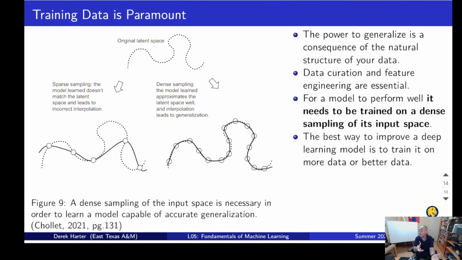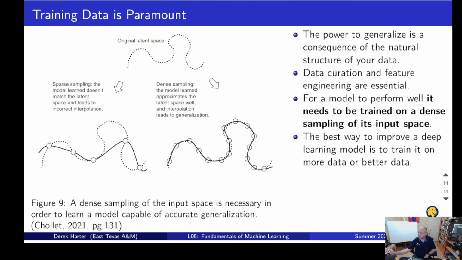So it's not really the model, it's the structure in your data. Having good data and feature engineering are essential for a model to perform well. But it needs to have a dense enough sample of the input space so that it can form a manifold that's a good approximation of the true manifold that you're trying to learn, right?